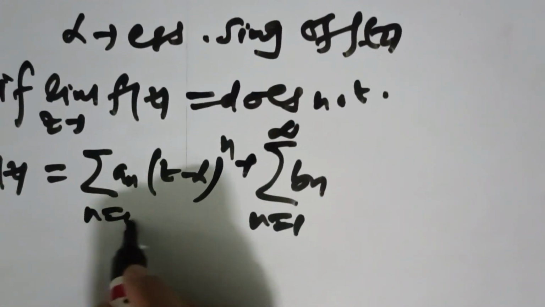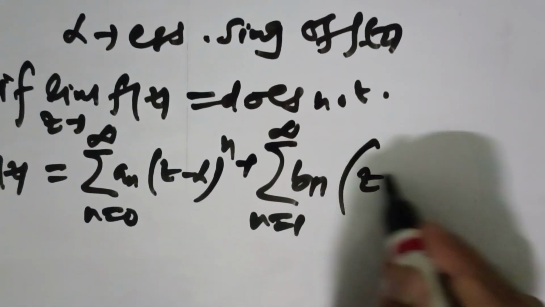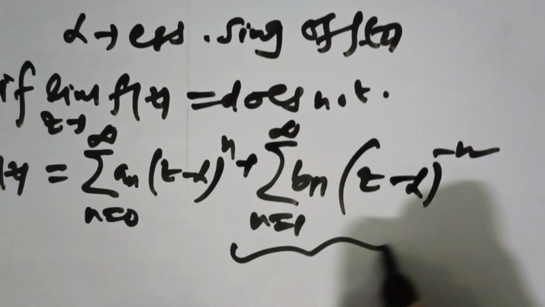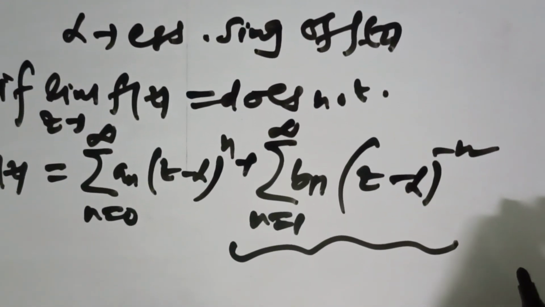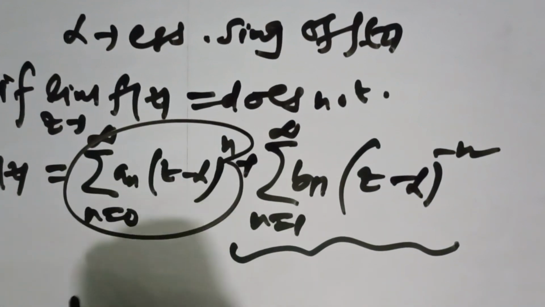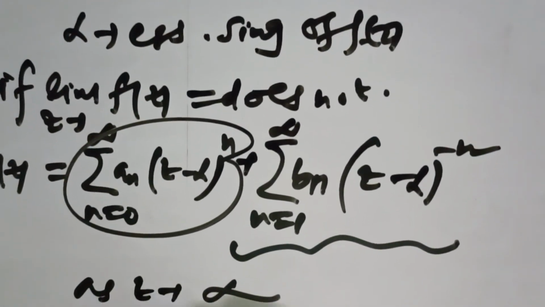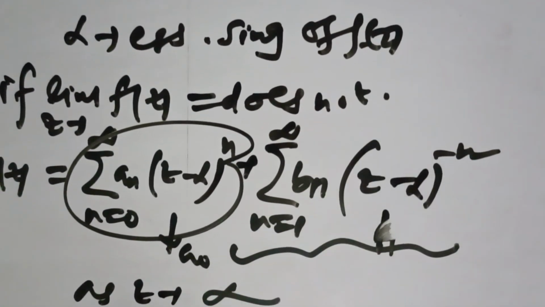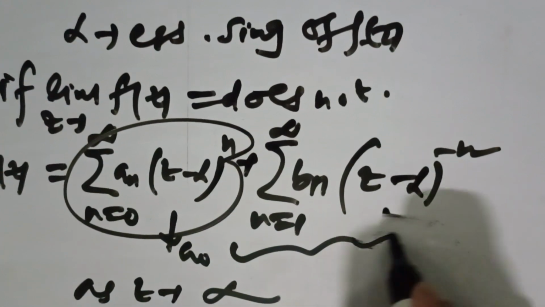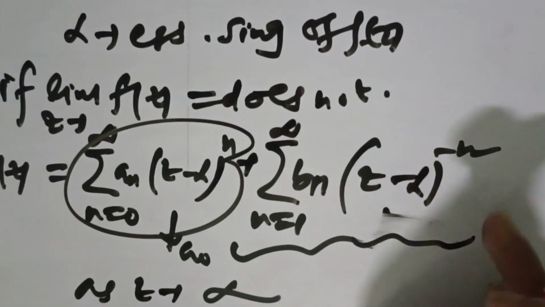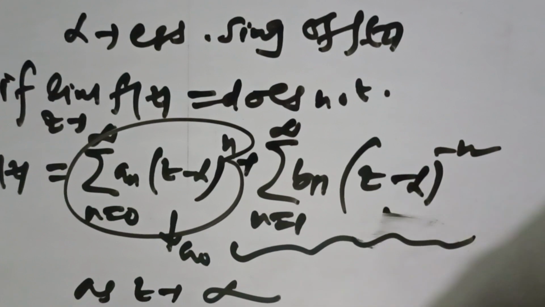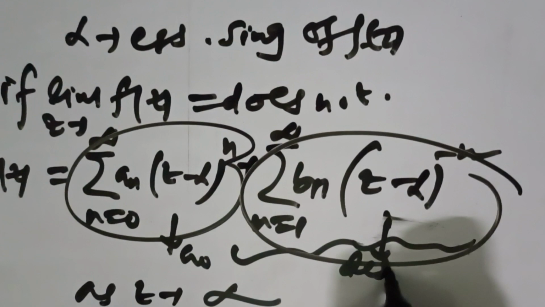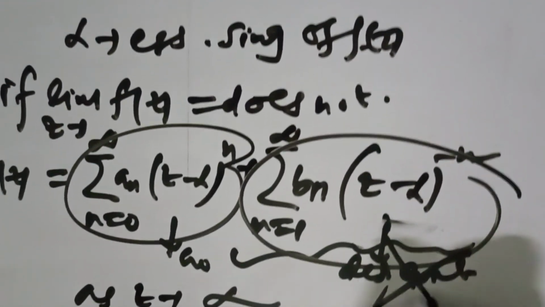In the case of an essential singularity, this series contains infinitely many terms. If you take the limit as z tends to alpha, the first part gives a0, but the other part gives no limit, because it contains infinitely many negative powers of (z - alpha). So the limit does not exist.